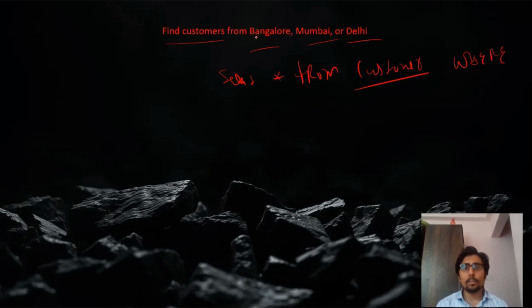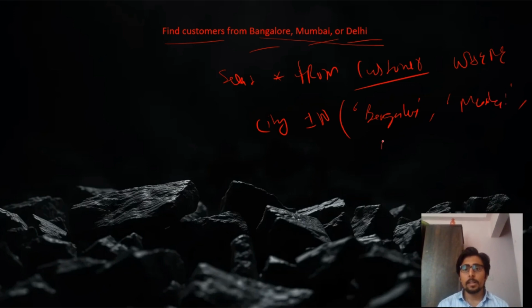what they are telling from Bangalore, Mumbai, and Delhi city, right? So where city, right? We can take city. Oh, I'm sorry. Where city IN, here the filter comes into the picture. In, and we can directly give all these three. Since it is a string, we'll give single quotes or double quotes, anything is fine.